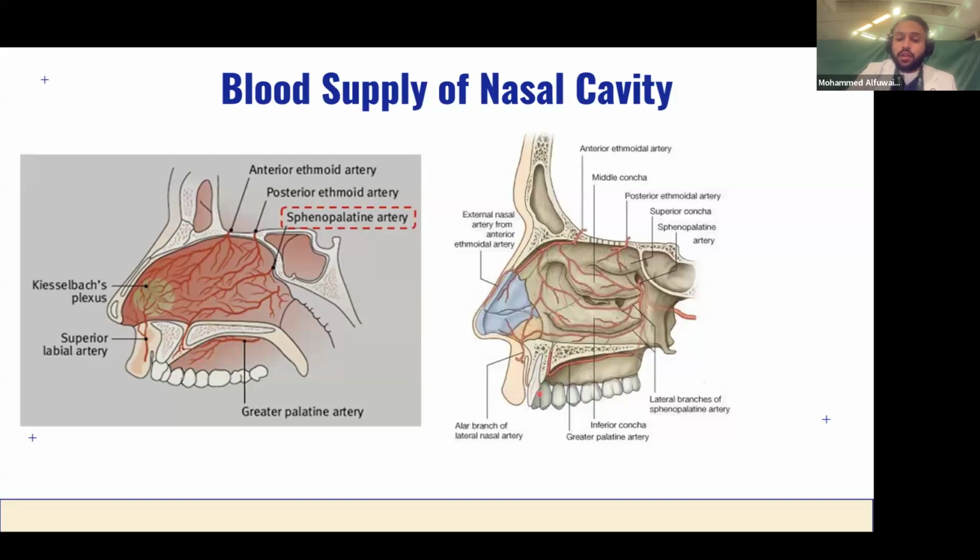External carotid will give off the facial artery, which will give off the superior labial, which will go into the nose, and then go and anastomose with the rest of the blood supply. Then we have this sphenopalatine artery, which will go and supply the nose as well. There's going to be a plexus over here, which is Kesselbach's plexus, okay? This is the most important site for a disease, which is what?